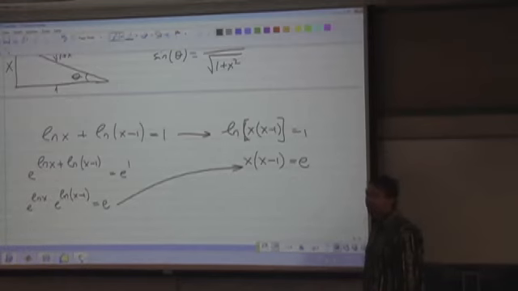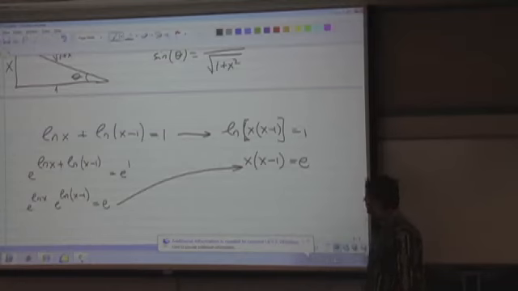Yes? Well, then you're not really solving for x, right? Because you have x in both sides. Quadratic formula.